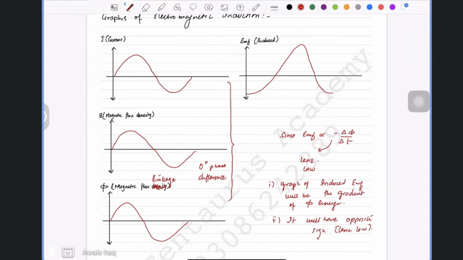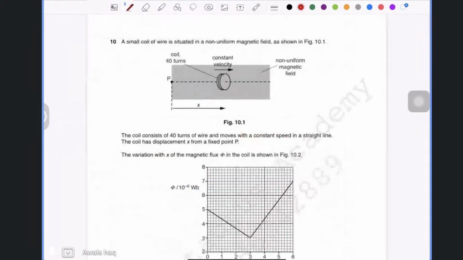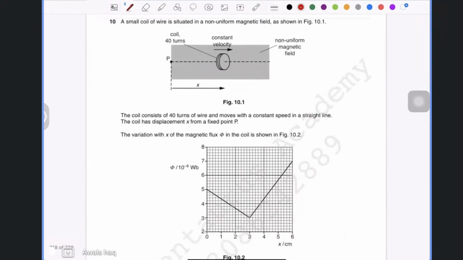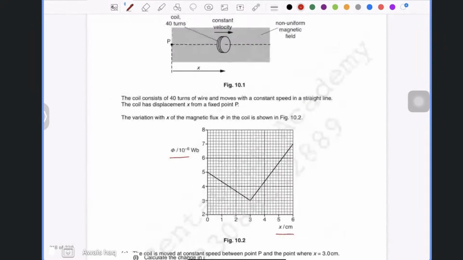Okay, so going on with this, so for example, this question is given to you, and we need to see that there are two lines, and this is magnetic flux, and this distance which it moves from this point.